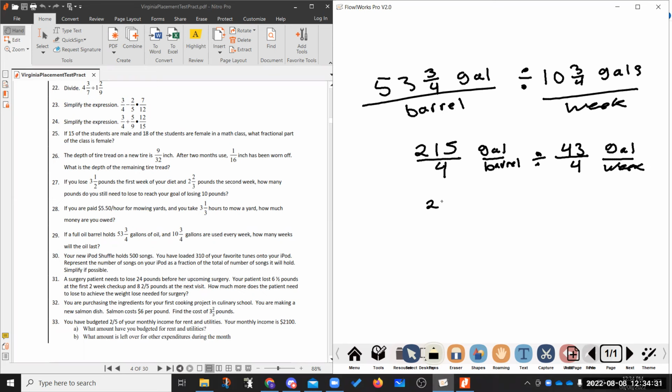Okay, so we're going to leave the first fraction alone, including its units, or multiplied by the reciprocal of the second fraction, including its units.